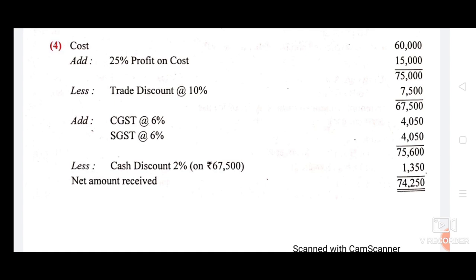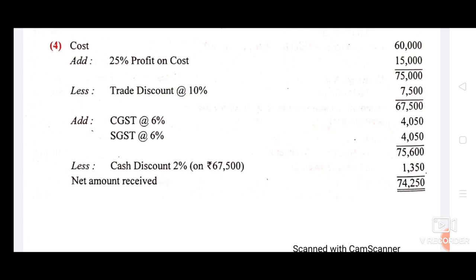So 75,000 less trade discount 7,500. Final sales price is 67,500, on which we have to add 6% CGST and 6% SGST. Okay, so 67,500 into 6% CGST is 4050 and SGST is 4050. After adding that, the amount receivable from the customer including GST is 75,600.